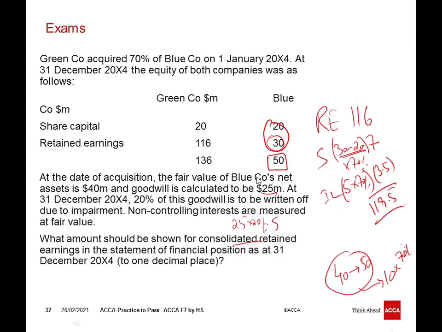So net assets at the reporting date is 50. And it is saying that at acquisition it was 40. So the 20 will remain the same. So definitely there will be a profit of 20. That's why the fair value of net asset was 40 at the date of acquisition and now it's 50. So there will be a change of 10 in the retained earnings. Or you can just take the difference between 50 and 40. The answer will be the same.